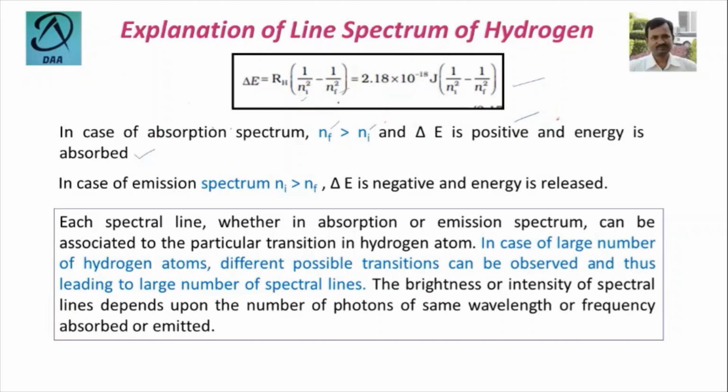Nf is the greater and Ni is the initial, so 1 by the smaller value converts to a larger value, minus 1 by the larger value.